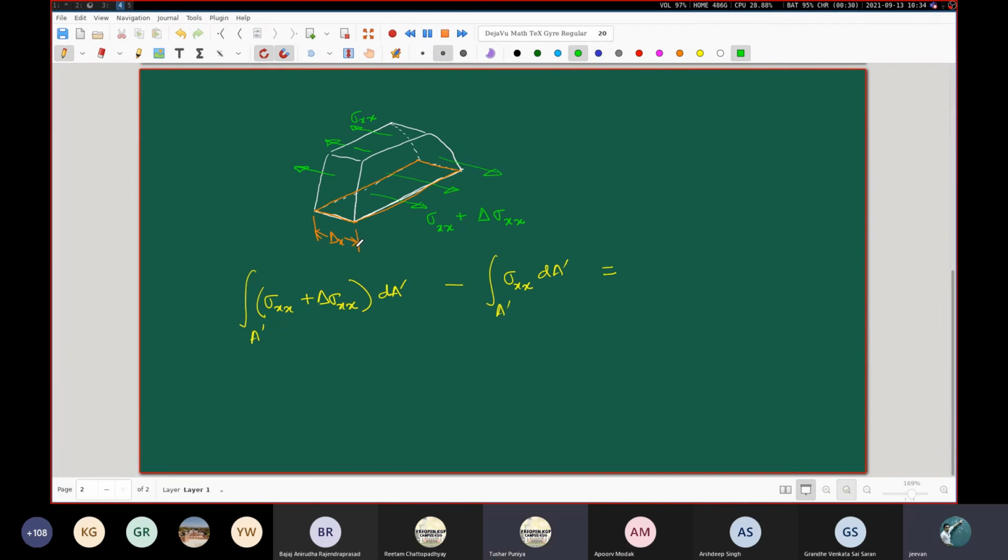Sigma yx. It should be sigma yx. Okay, but which direction my arrow should be pointing? Towards negative x-axis. Very good. Towards the negative x-axis. Very good. So if I look at it from this side, you understand that the z-axis is like this.